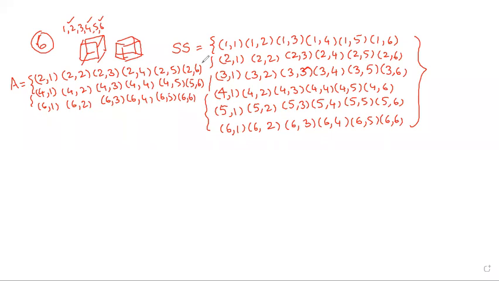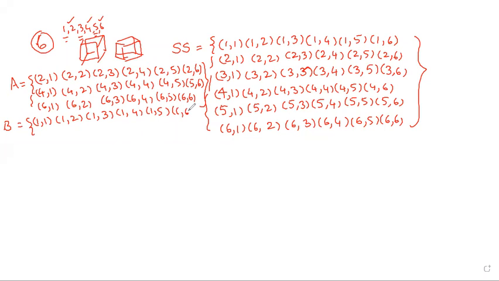Write down, everyone. Now the B set. Event B is an odd number on the first die. Odd numbers are 1, 3 and 5. Taking 1 comma 1, the second die has no objection. The first die is only odd, so 1 comma 4, 1 comma 5, 1 comma 6.